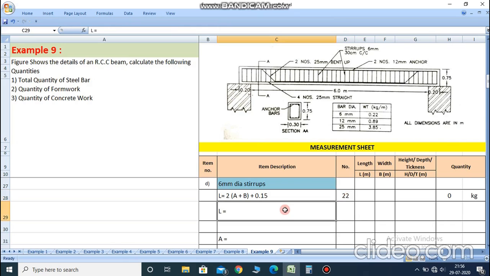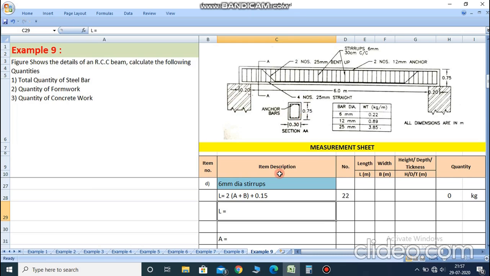Then for finding out the length of the stirrup, we calculate it by this equation: L is equal to 2 times (A plus B) plus 0.15. Here A is the 0.75 side, meaning the length side, and B is the width side.